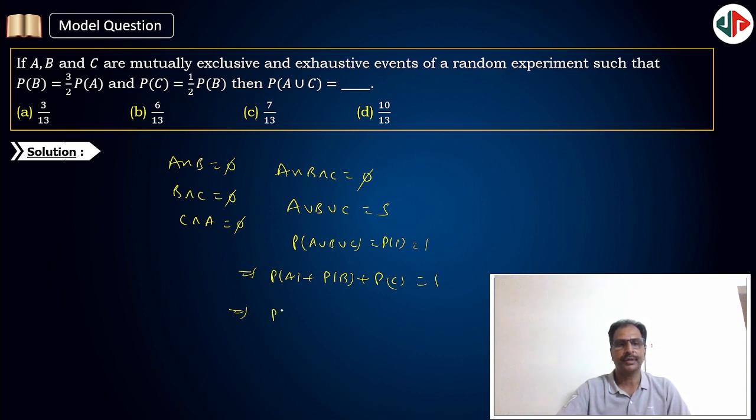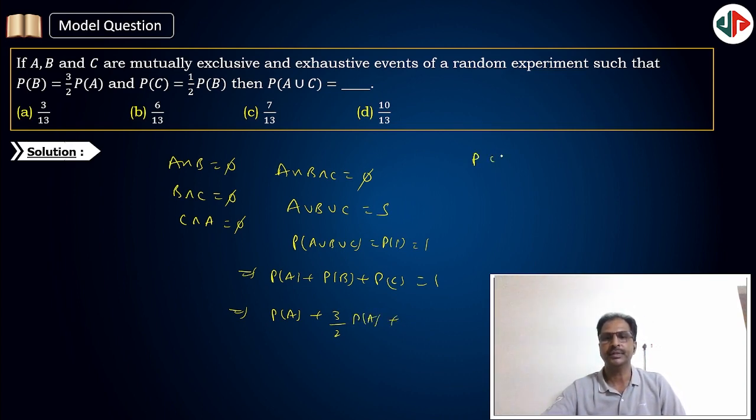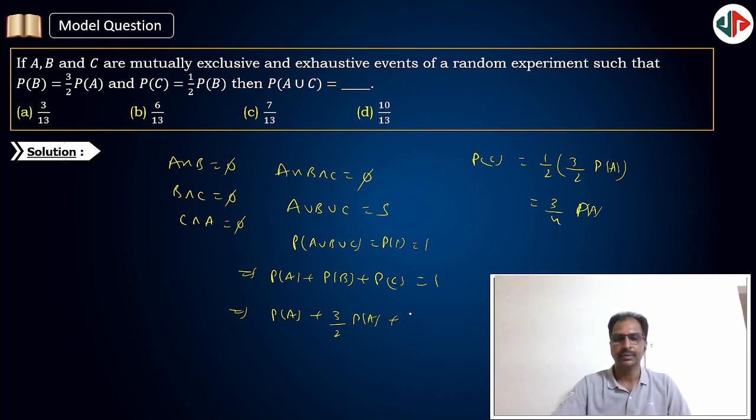And P of B is 3 by 2 times P of A. P of C is 1 by 2 into P of B, and P of B is 3 by 2 into P of A. So P of C is 3/4 P of A. Simplify this.